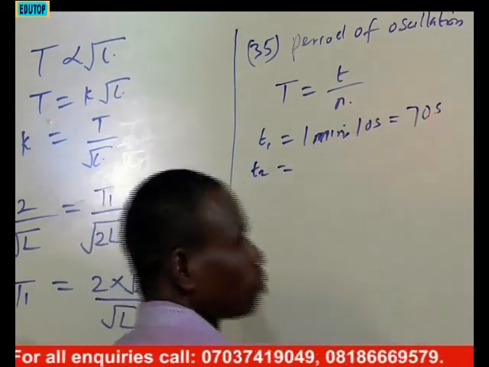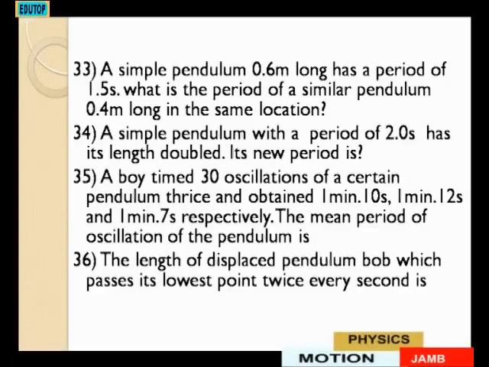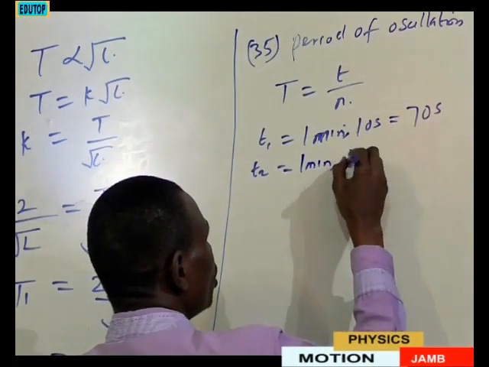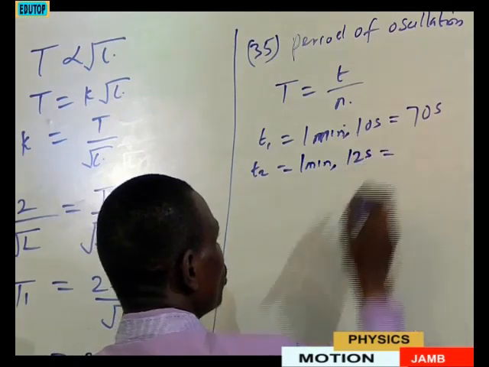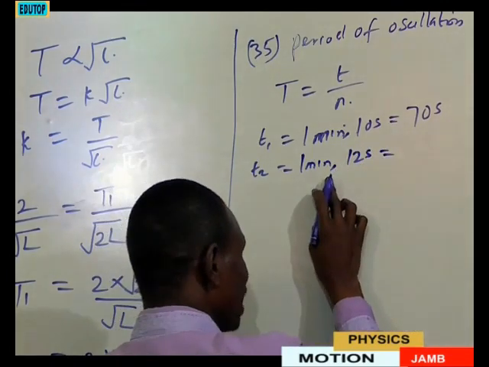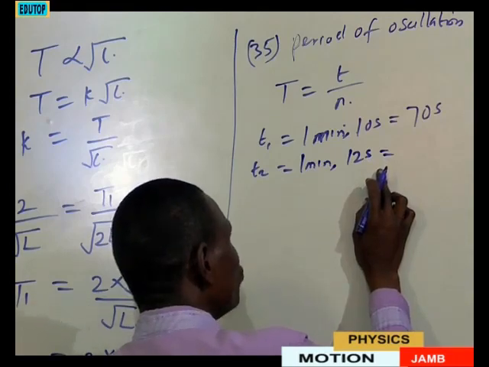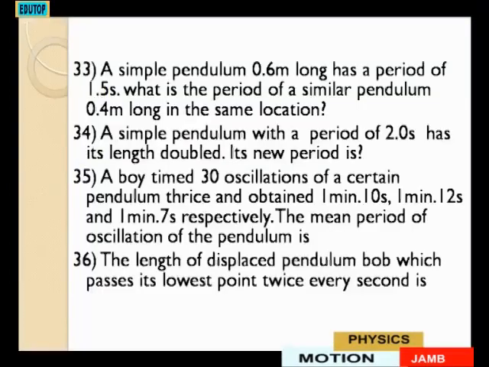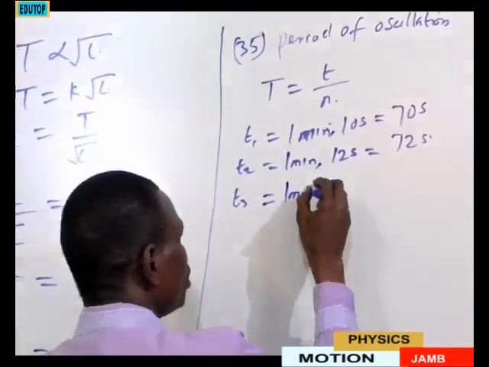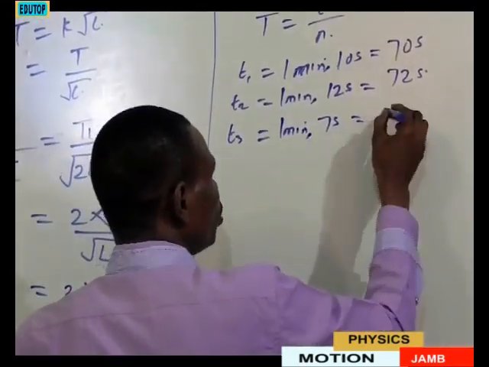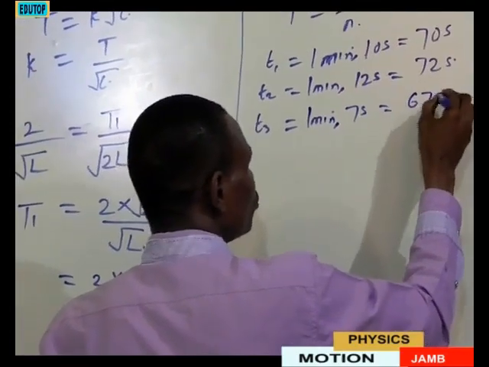Let's take T2. We are given 1 minute 12 seconds. 1 minute is 60 seconds, plus another 12 seconds, we are having 72. Let's take T3. We are given 1 minute 7 seconds. 1 minute is 60 seconds, so we are going to have 67 seconds.